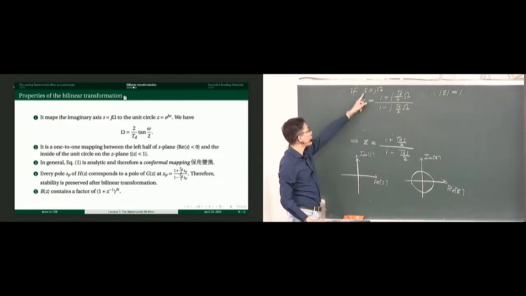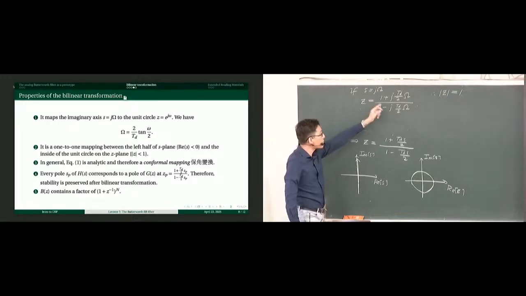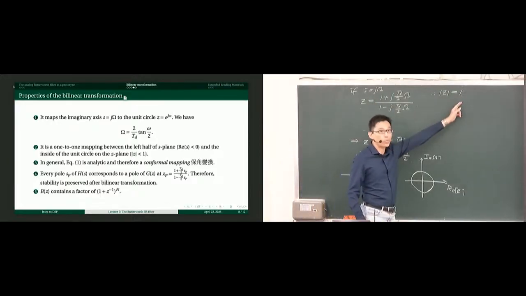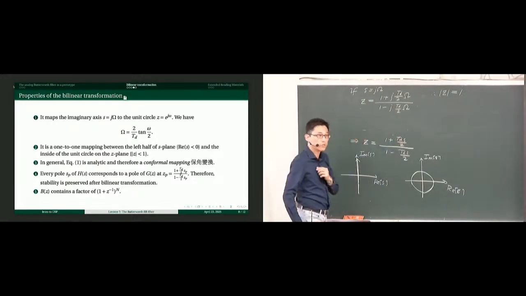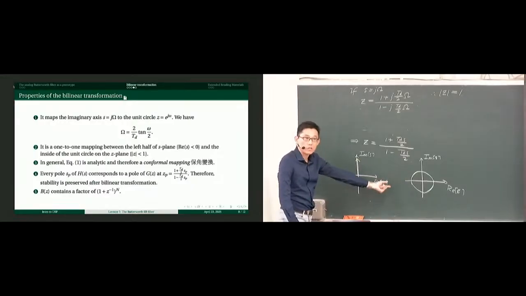If S is on the imaginary axis and you write it as S equal to j omega, then the absolute value of Z is 1. That implies Z is somewhere on the unit circle. So then our next job is to find out exactly where.